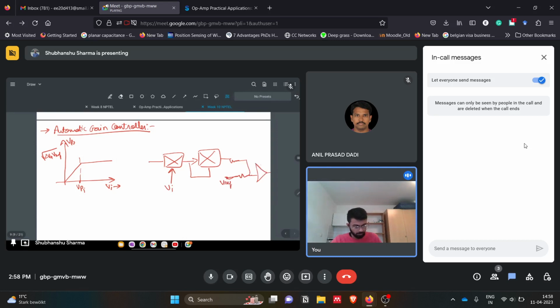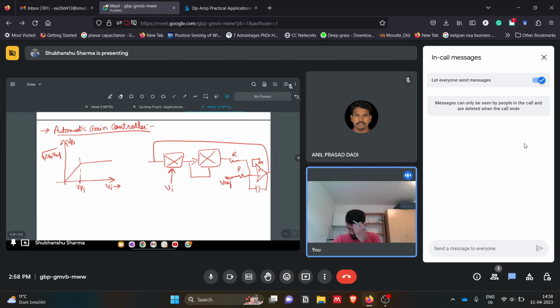There was an amp with negative feedback, this was grounded, and this was being fed back here. And there was an integrator to detect the peak and maintain the constant output voltage. So this was the configuration for this automatic gain controller.